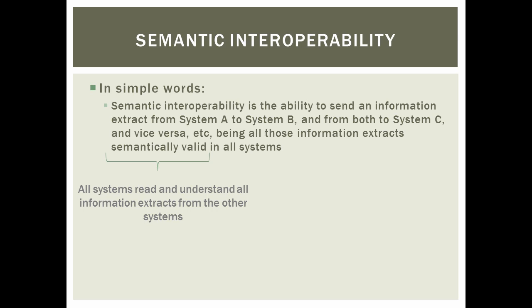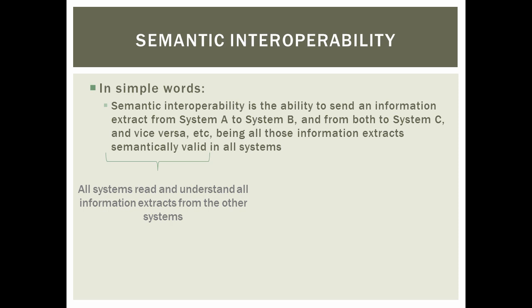And the other way around, system B does the same to system A, and both systems do the same to system C. This is semantic interoperability. When I explain it this way, usually software developers get very concerned, because they know that in traditional modeling this is not possible to be done.